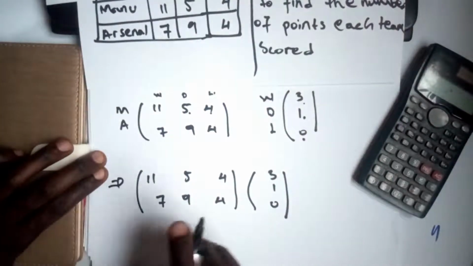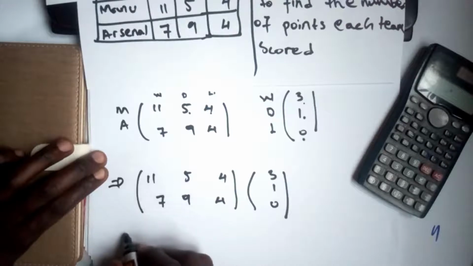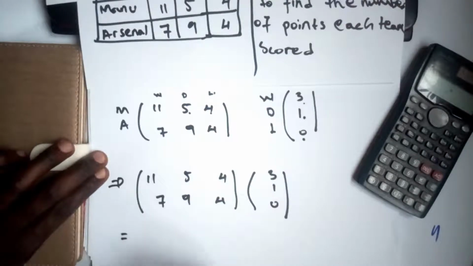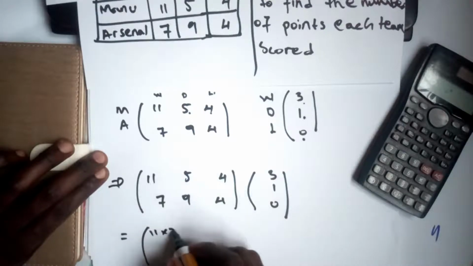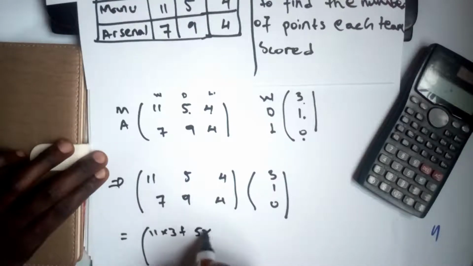Then this equals, we multiply row with column: 11 times 3 plus 5 times 1 plus 4 times 0.